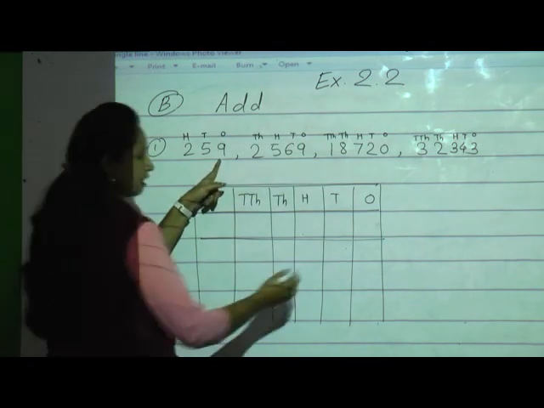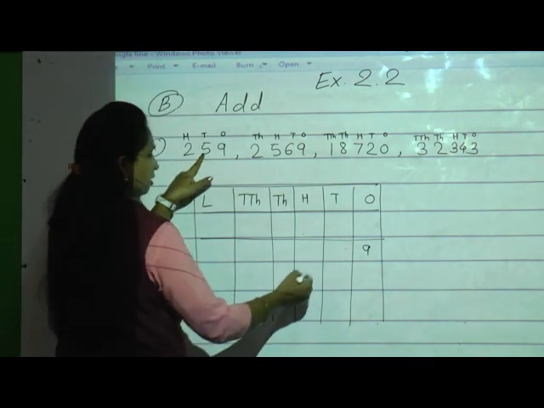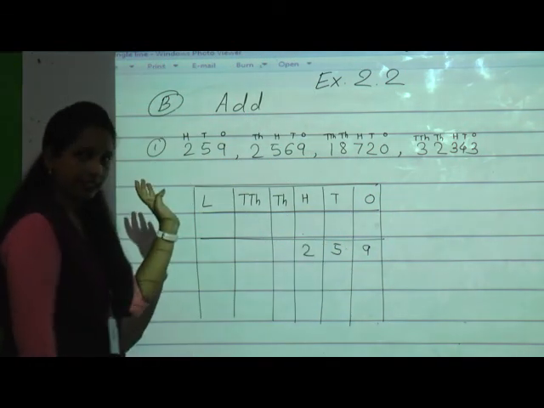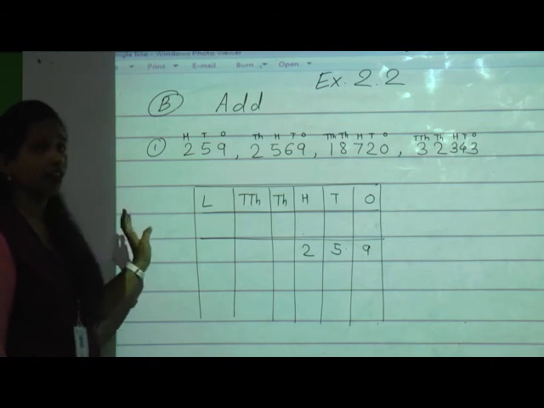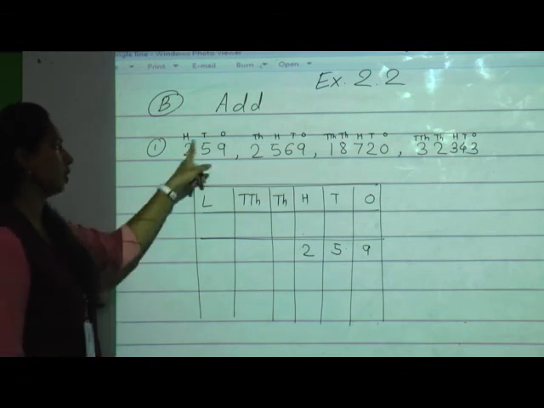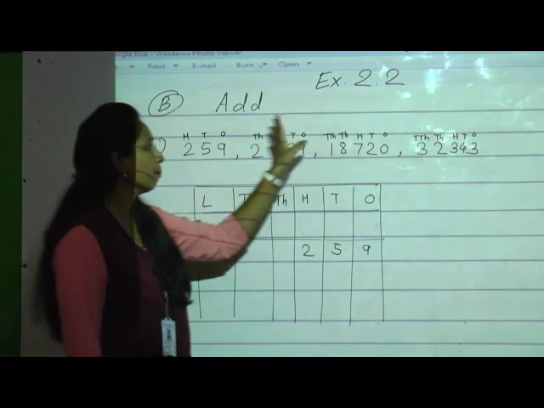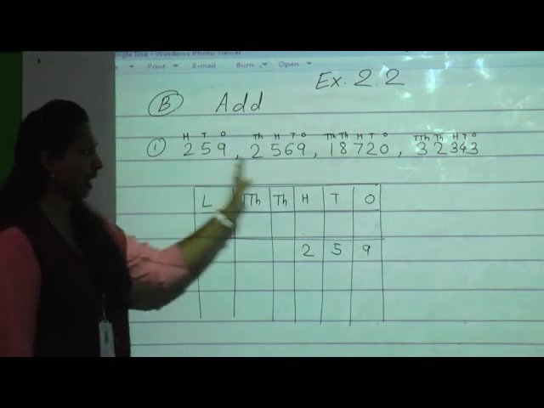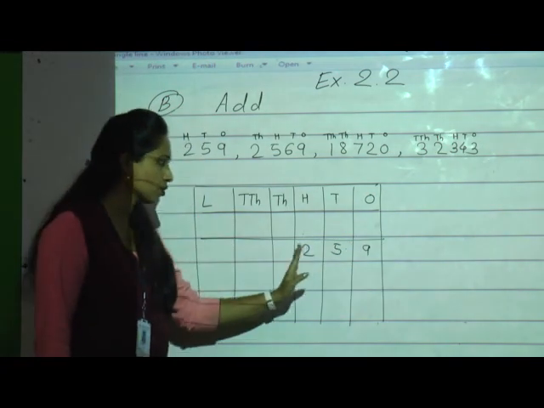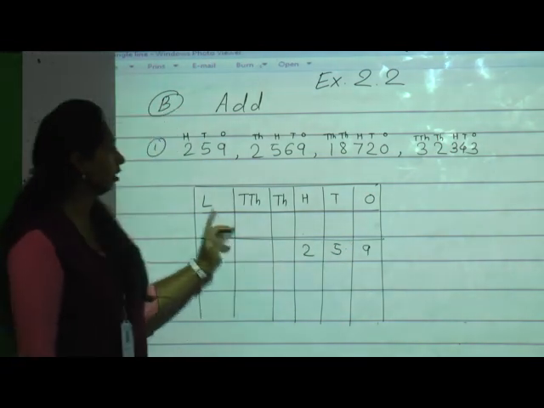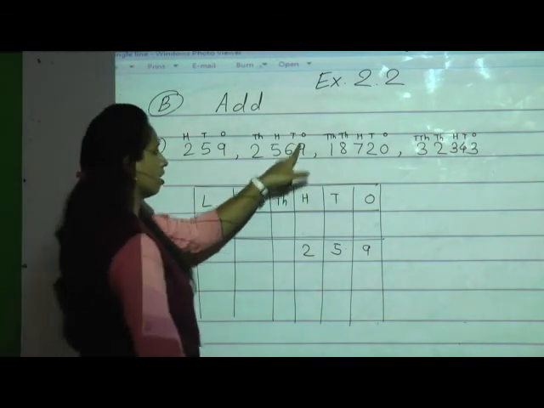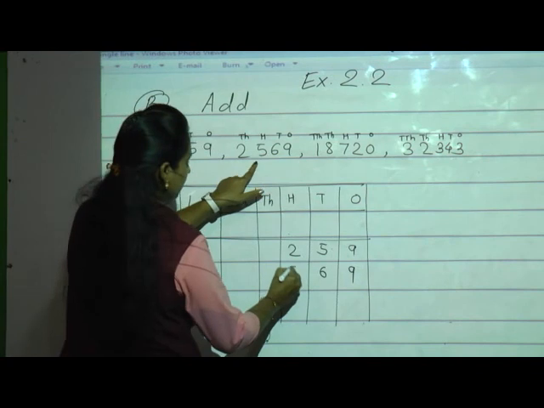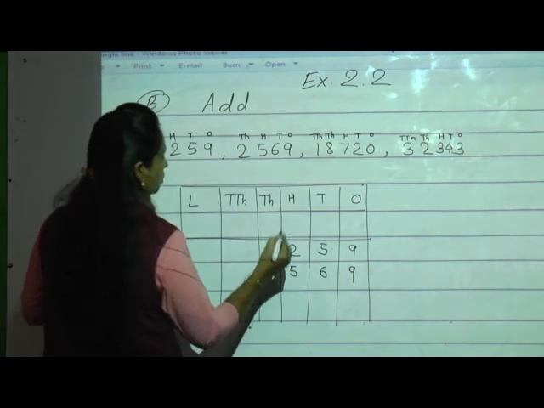See, in the ones place 9, so write 9, tens place 5, hundreds place 2. Okay. If the place value chart is perfect in your mind, no need to write in this way, but just place the numbers always from the ones place, and while writing in the box also from the ones place. Okay. Now next number: ones place 9, tens place 6, hundreds place 5, and thousands place 2.